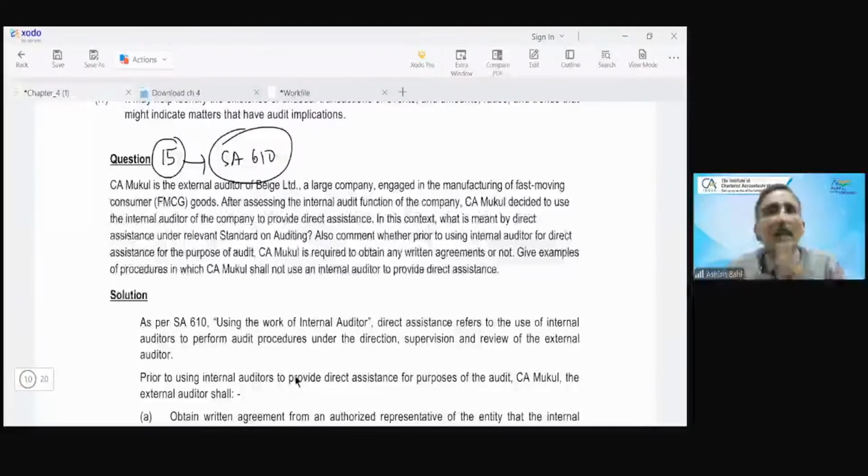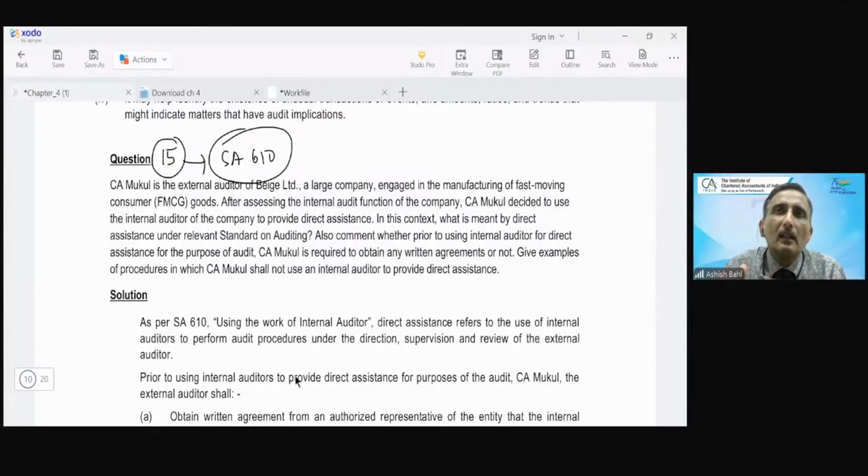Number one, he can make use of the work which is already performed by the internal audit department of the entity, or he can make use of the internal auditor to provide direct assistance. It means that he can use the internal auditor to perform certain procedures under the direction, supervision, and review of the statutory auditor, of the external auditor. So SA 610 basically deals with these two things.